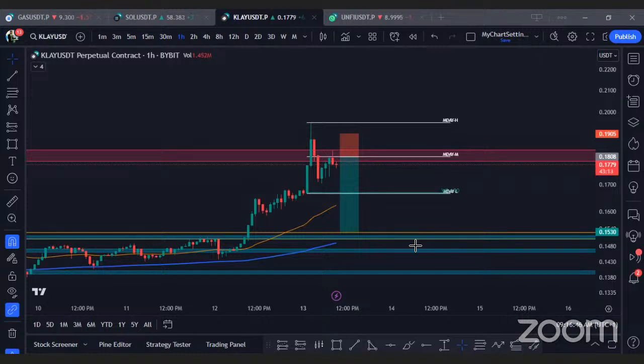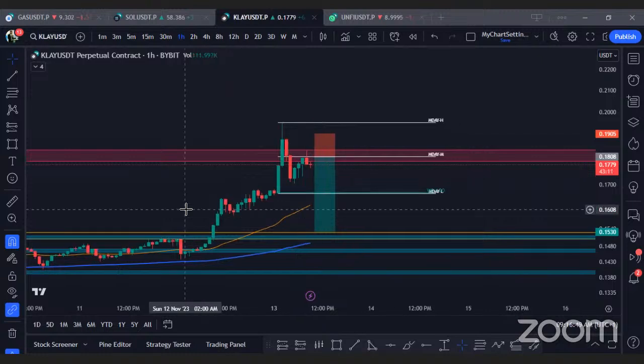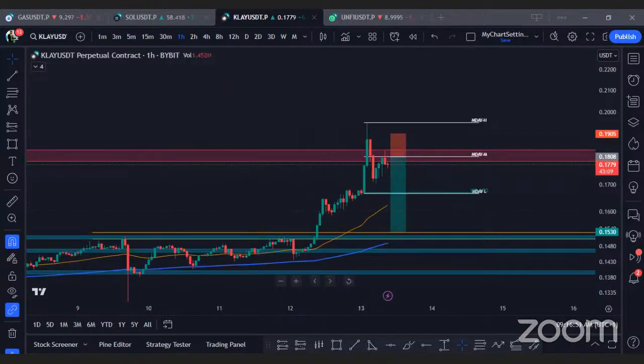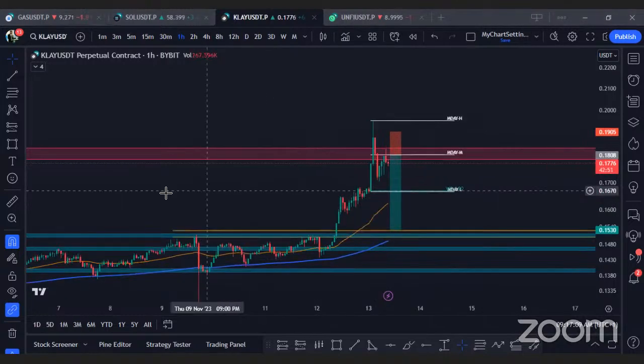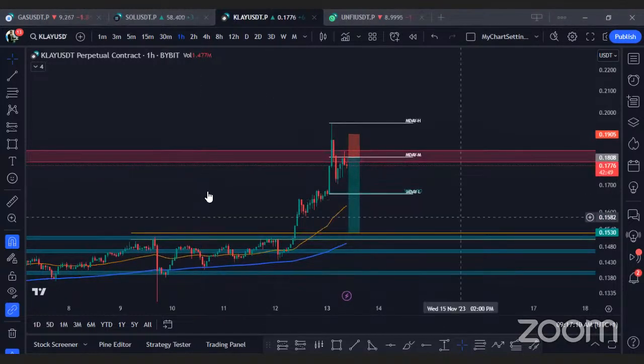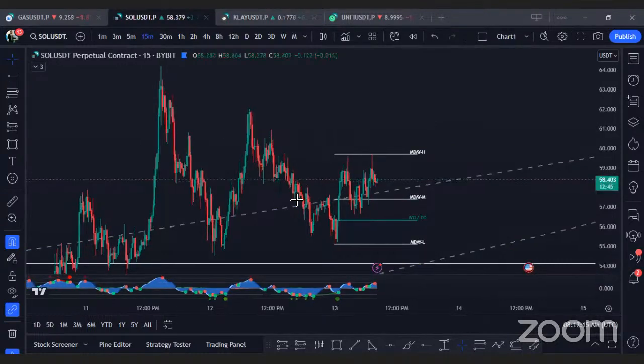If it plays that way, definitely you pay your debt and you're good to go. Let's see if this thing will play out, okay? Let's pay attention to that and see if it will play out.